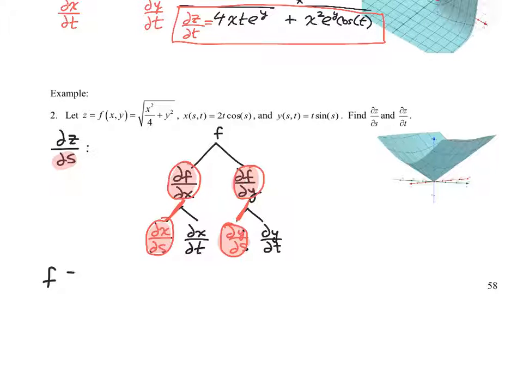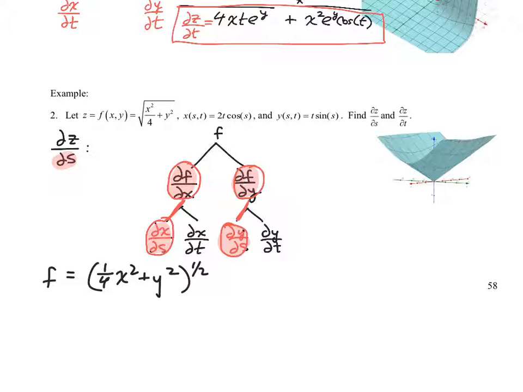So my original f, I could write it as, with a slight adjustment, (1/4 x squared plus y squared) to the 1/2 power. Nothing too crazy, just making it a little more power rule friendly.